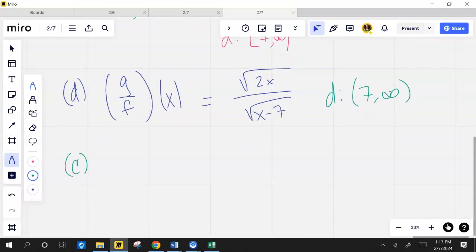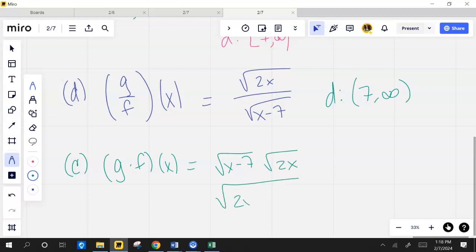C asked me to multiply them. What I have is the square root of x minus 7 times the square root of 2x. This time I can put them together because they're multiplying and it's the same radical. So I could make this the square root of 2x times x minus 7.